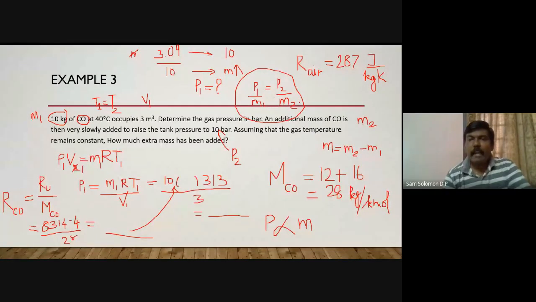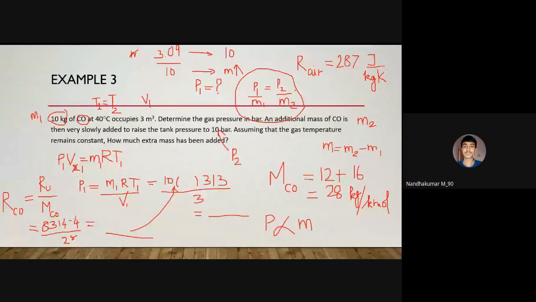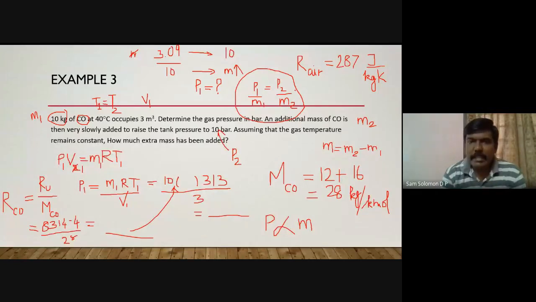Now you will be able to get the value of this mass M2. So M2 is equal to P2 by P1 into M1. Try and check what value you get. Substitute the values: M2 is equal to P2 by P1 into M1. So when the pressure has increased, the mass has also increased.